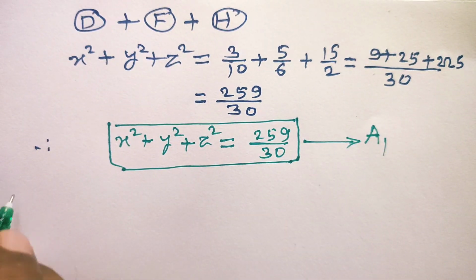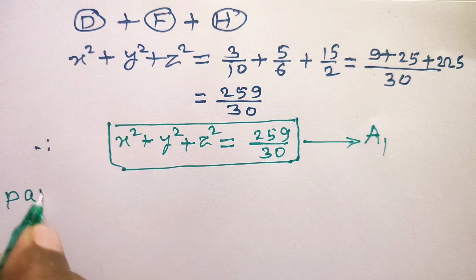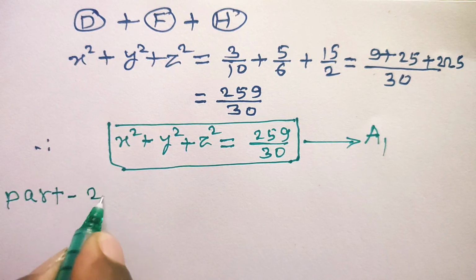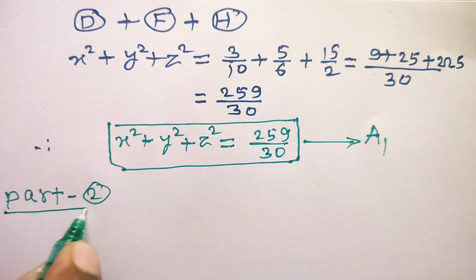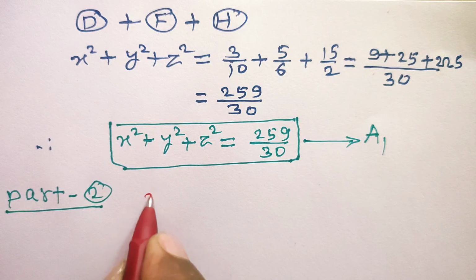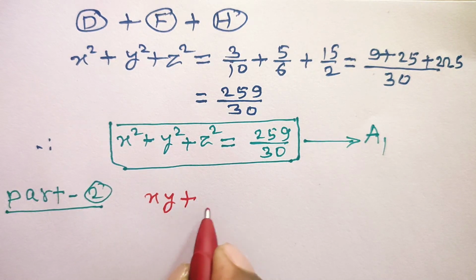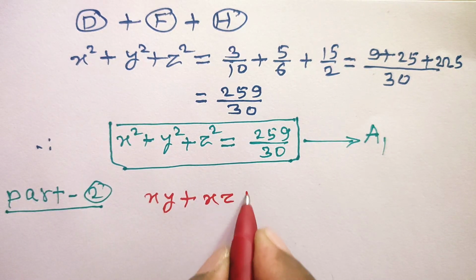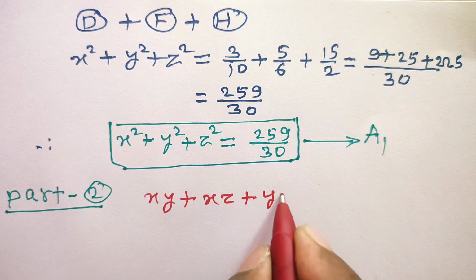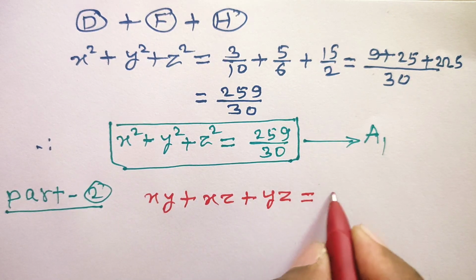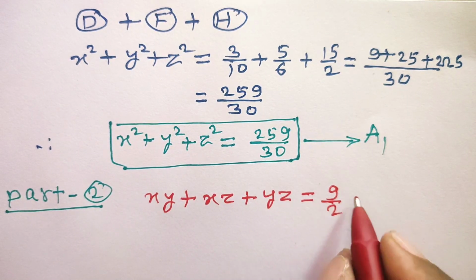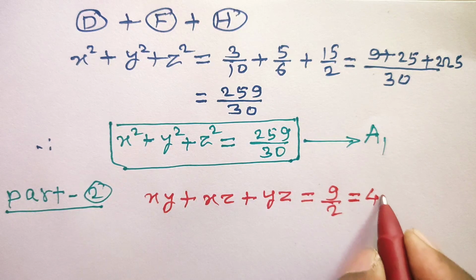Now part 2 of the solution. From equation 4, xy plus xz plus yz, this is equal to 9 upon 2, which is equal to 4.5.